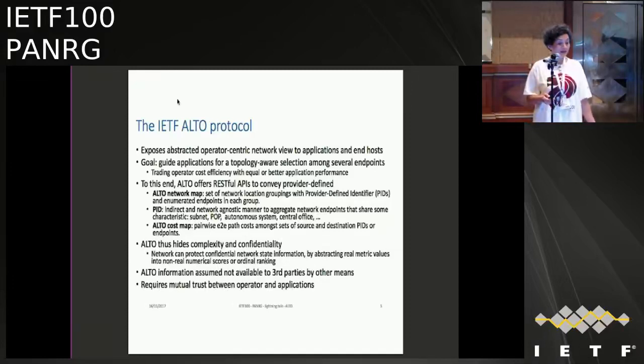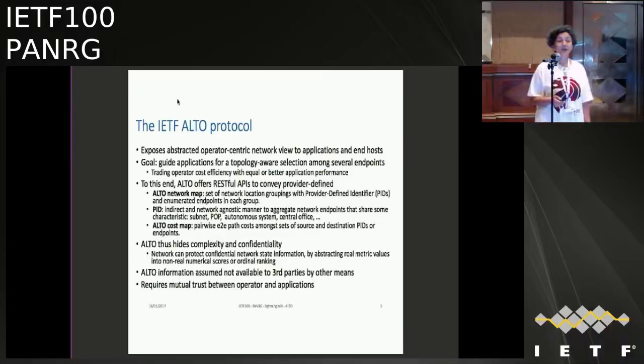So to this end, the Alto exposes via RESTful APIs information services that are the Alto network map, which is a set of network location groupings with provider-defined identifiers and enumeration of the related endpoints.